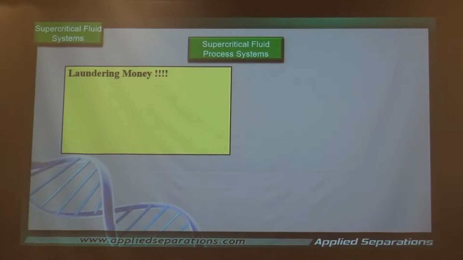However, if you pick the right conditions, you can remove all the skin oils from the currency and still maintain the anti-counterfeiting measures. This is a big savings for the governments that have done this. We've done this in the United States, and there's a trial going on right now in India.